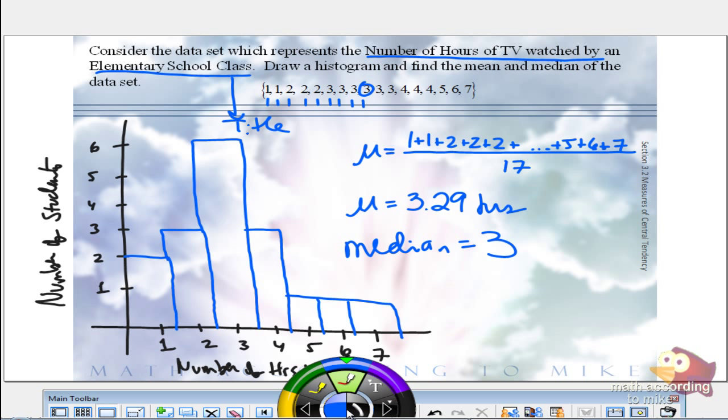So notice for our data, our mean, 3.29, is bigger than our median, 3. When your mean is bigger than the median, we say the data is skewed right.